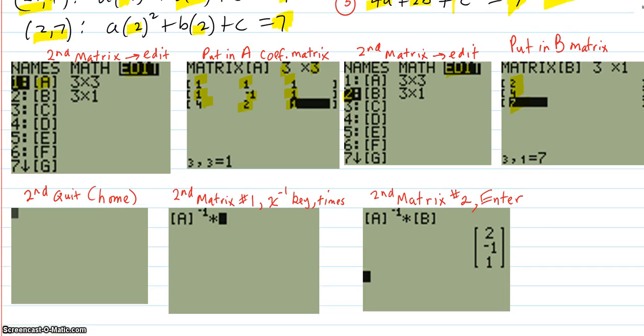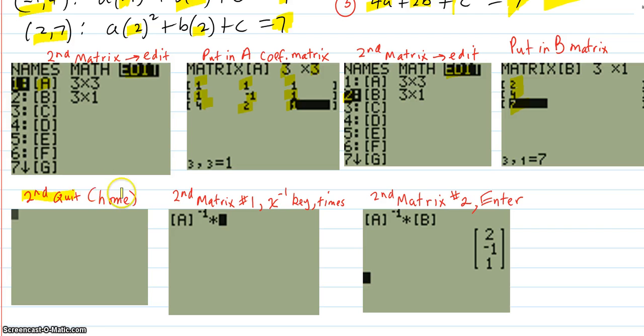Okay, then you do second quit, which brings you to a blank home screen, and you delete everything off there. Then you go second matrix, number 1, that's the A matrix. Then you hit the x and negative 1 key, that puts the negative 1 there, and the multiplication key. Then second matrix, number 2, that's the B matrix.